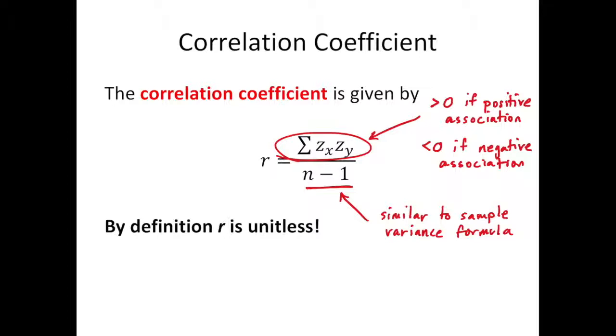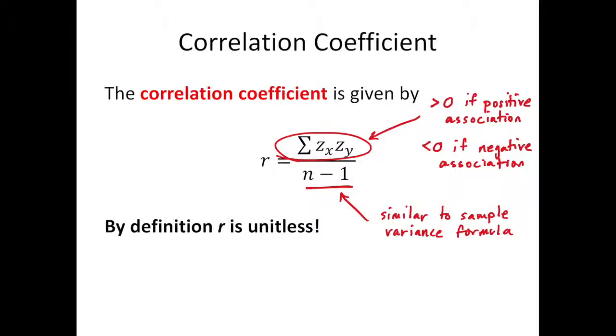So as I sum this up over all data points, this quantity should be greater than 0 if there's a positive association. However, if there's a negative association, most of those products will be negative, and so when I sum them all up over all data points, I should get a numerator that is less than 0. So I see here that the sign of r could be positive or negative, and that sign should dictate then the direction of the association.